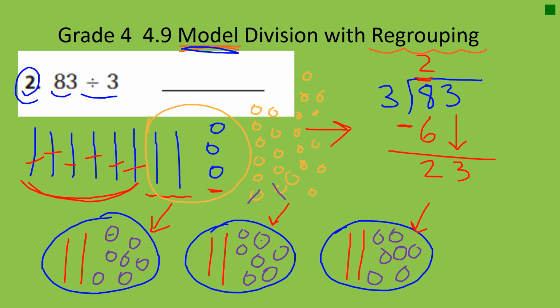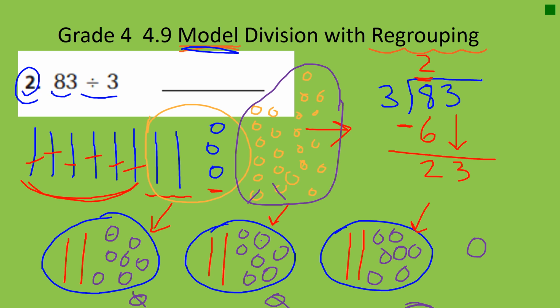21. Now I'm going to stop there at 21 because I have 23 ones, and I can only take 21 of them out because look, 22, 23, I don't have enough to put them in the sets.